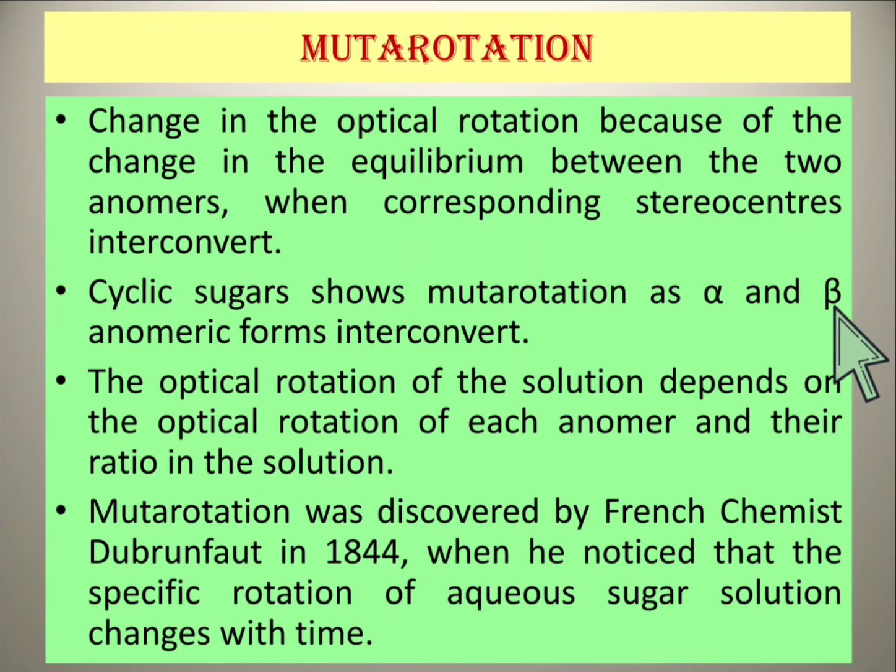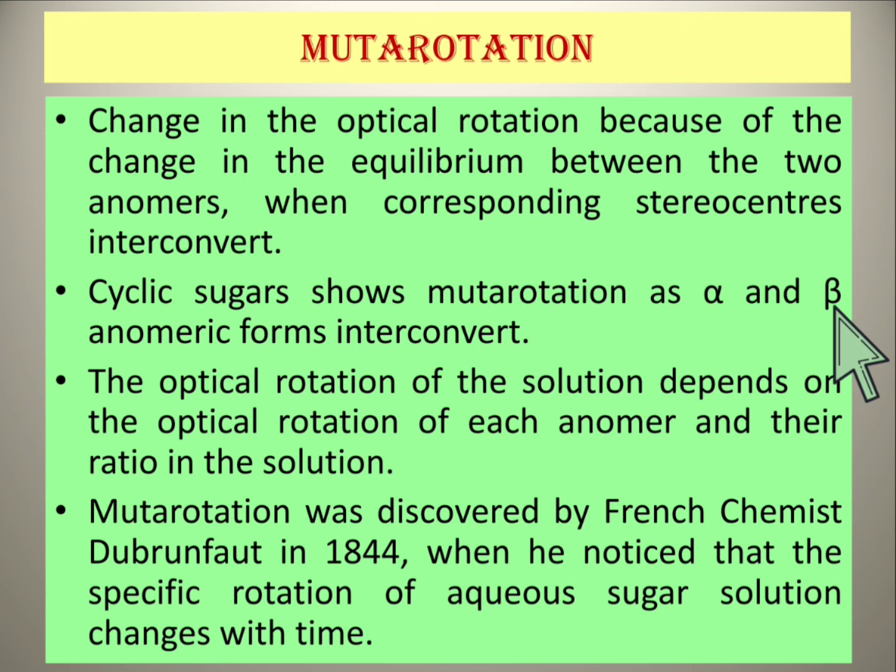Now mutarotation. The word muta means change. So mutarotation is actually the change in the optical rotation. Suppose in a solution there is a change in the equilibrium between two anomeric forms.